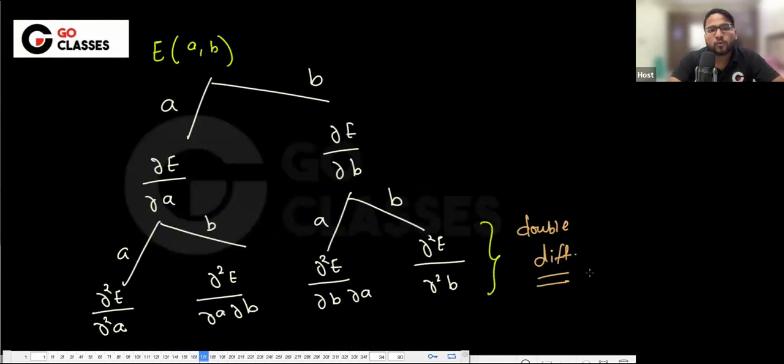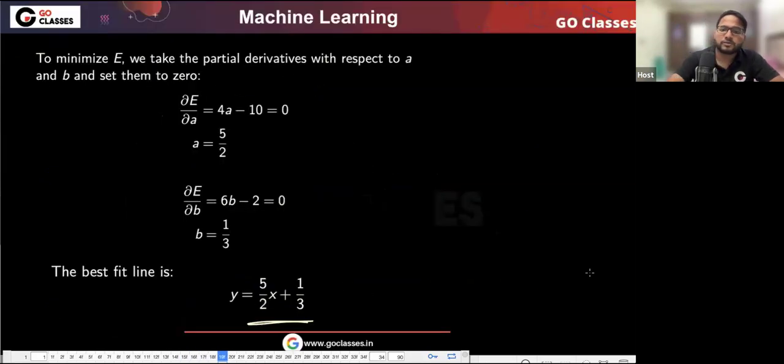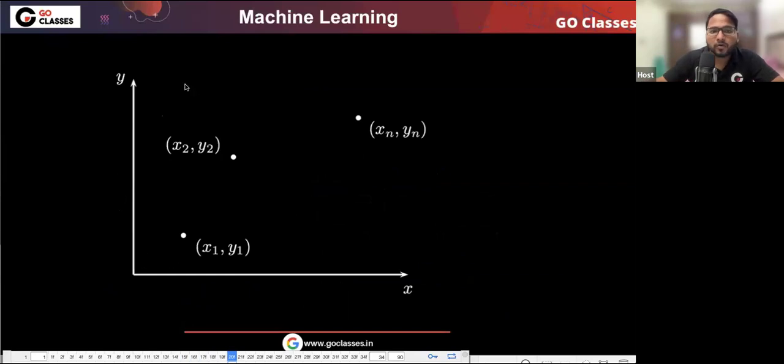So what we are doing? We are finding A and B. Great, this is the correct answer. Now, for example, let's suppose you have n points, or might be 3 points, 4 points.